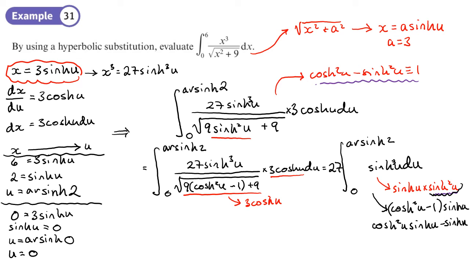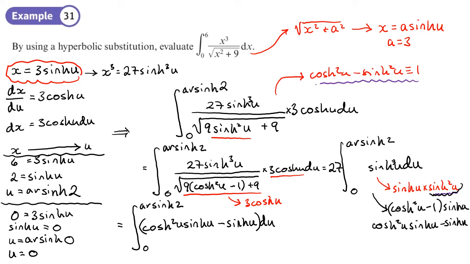So actually I'm going to write that down here. So I'm just doing all of that so it's in a form that I can integrate. So that sine cubed u eventually becomes cosh squared u sine u minus sine u du.